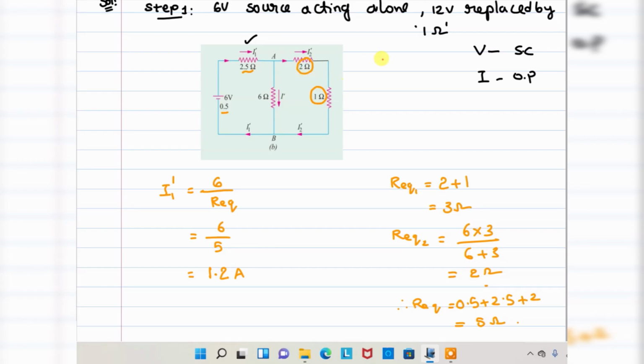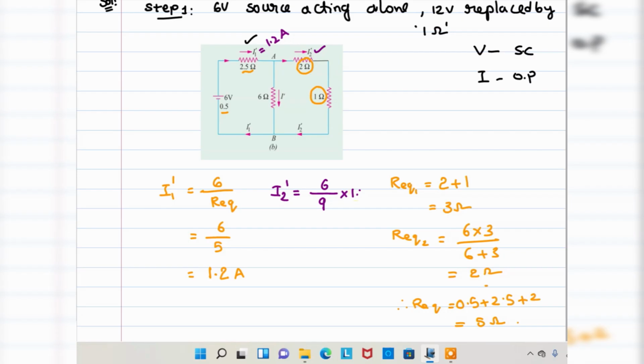What about the remaining currents? For I2 prime, since I know the total current is 1.2 amperes, apply the current division rule. If I want I2 prime, the opposite resistance is 6 ohm divided by the total resistance 2 plus 1 plus 6, that is 9, into the total current.